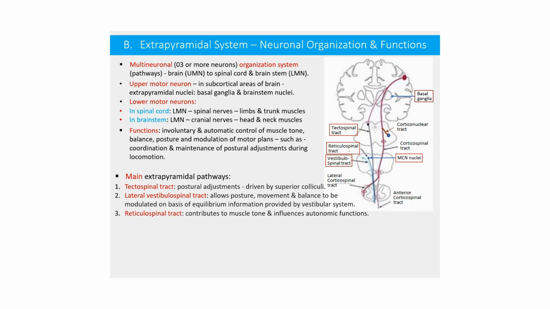Third group is the reticulospinal tract, which contribute to the muscle tone and influences the automatic functions of the body. Number fourth is the cerebrospinal tract, which sends corrective commands for postural adjustment to the spinal cord.